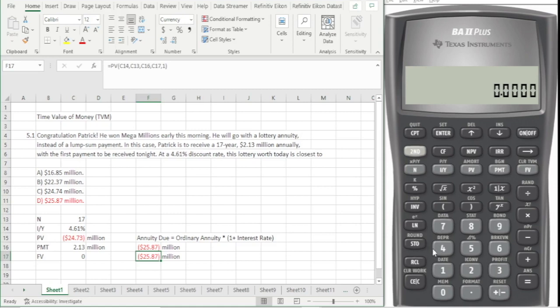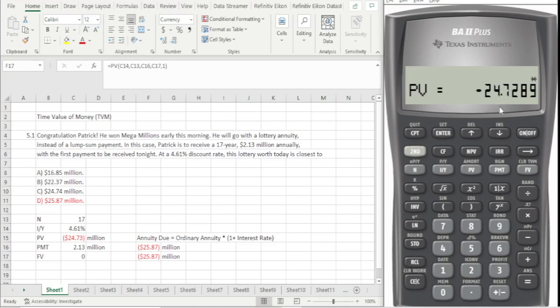Okay? So here, 17 years, interest, payment 2.13, future value, compute present value.